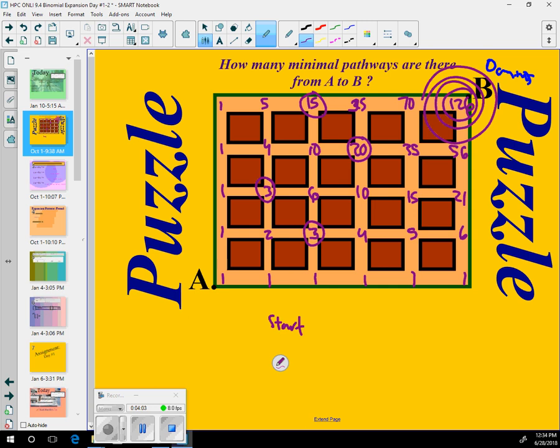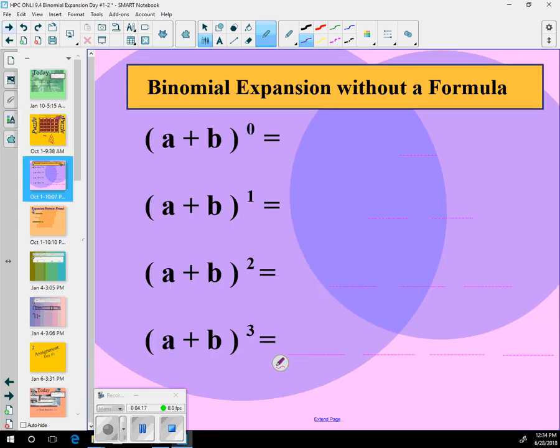So if you turn this on its side, you get something familiar, which we refer to as Pascal's triangle. Pascal's triangle is a way that we're going to use to find expansion coefficients. So watch this. Let's say we took A plus B to the 0. That's just going to be 1. Let's say we want A plus B to the first.